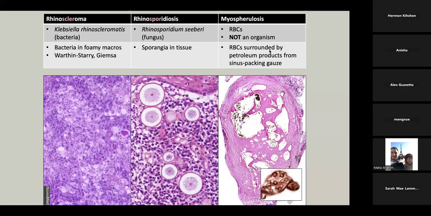Myospherulosis mimics an organism, but it is actually not. It is red blood cells coated in basically Vaseline, like petroleum, that they pack the sinuses with. So if you do a GMS on here, it will be negative. But you can see myospherulosis in any anatomic site that has undergone some kind of surgical packing.